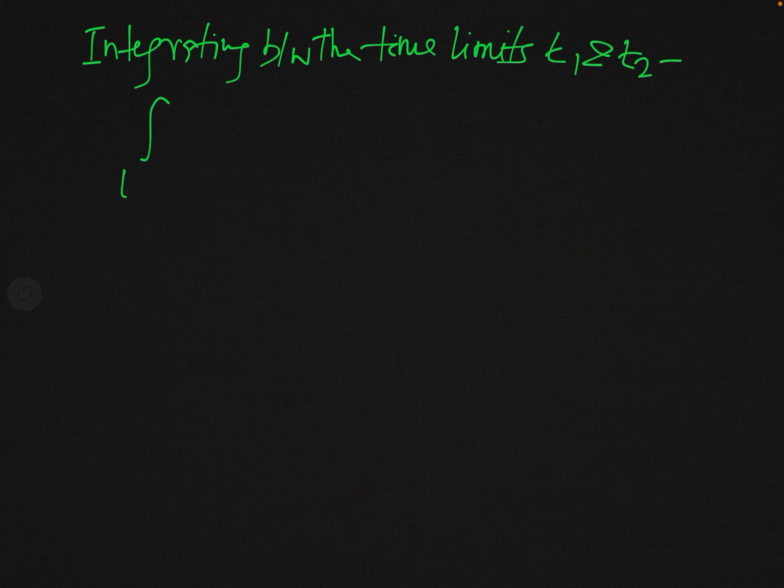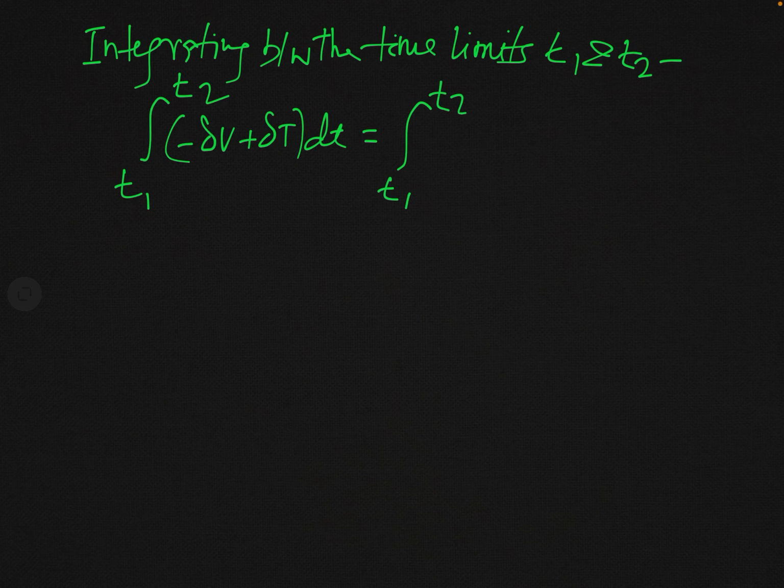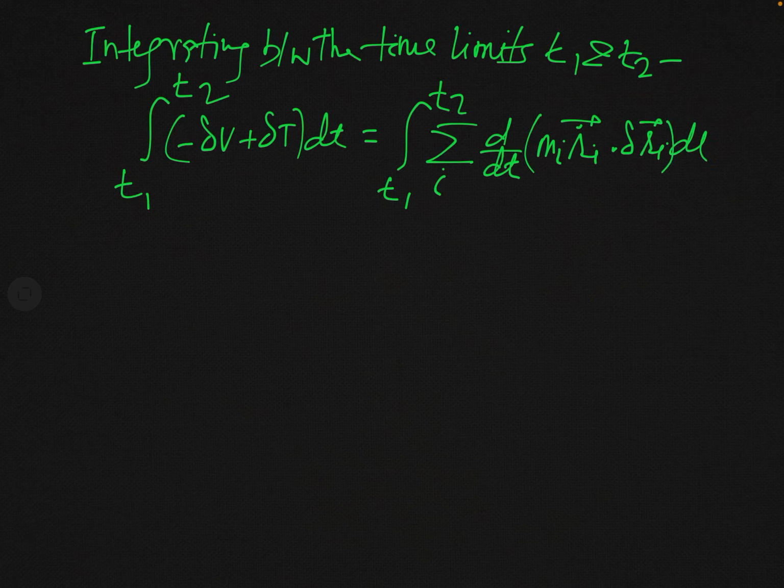You can see this will be the integral from t1 to t2 of minus delta V plus delta T dt, equal to the integral from t1 to t2 of summation over i d/dt of mi ri dot delta ri dt.